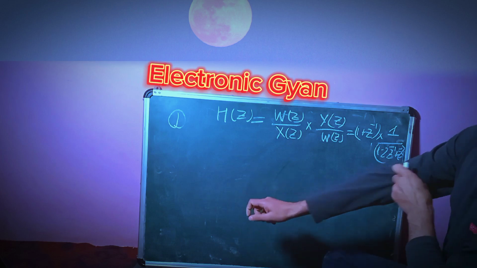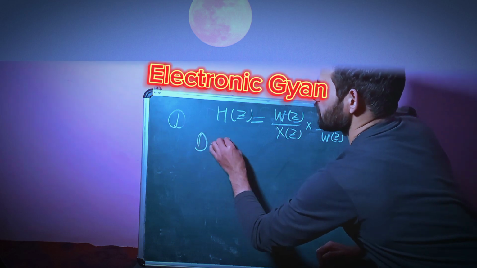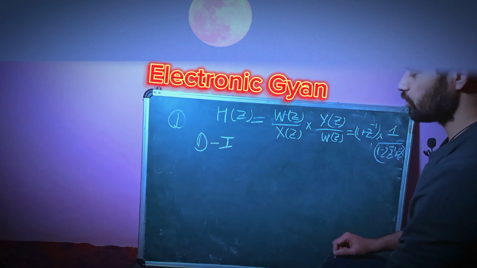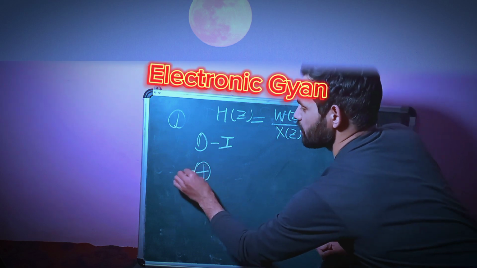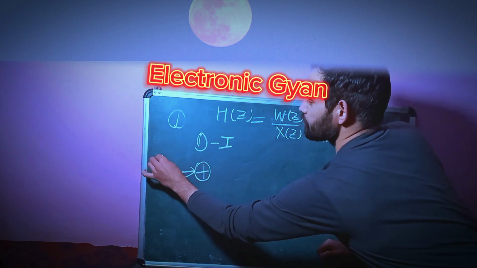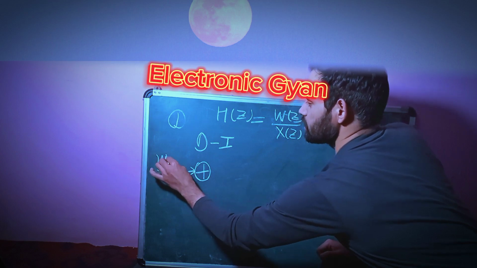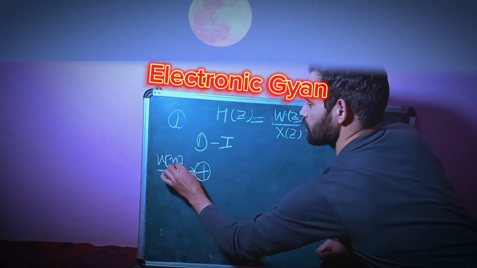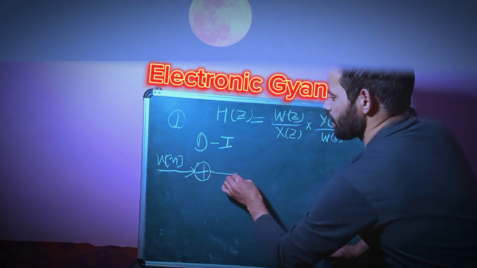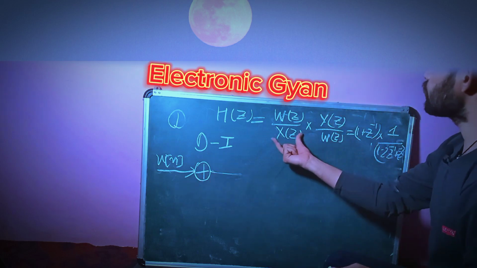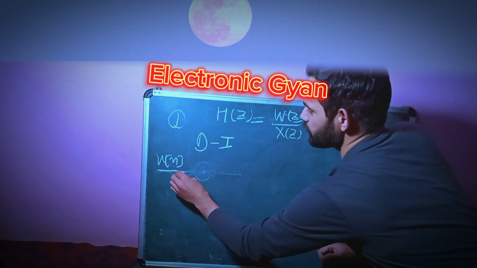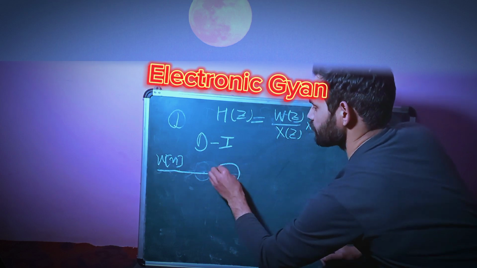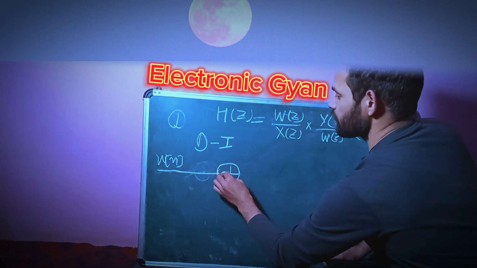Now how to draw this direct form 1. Here we take the first summer, and here I apply x of n. First we draw the forward path.